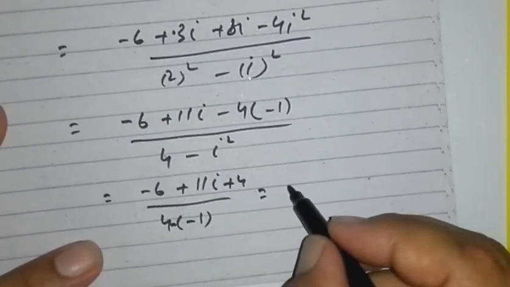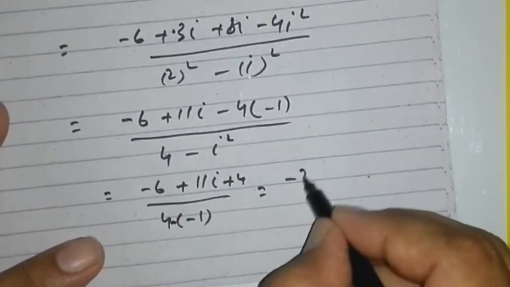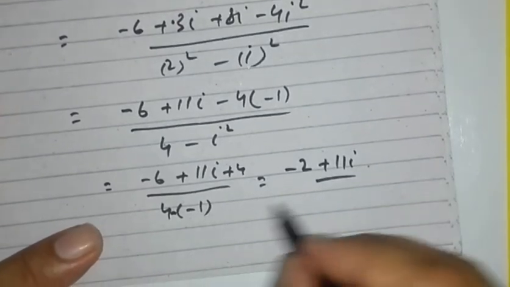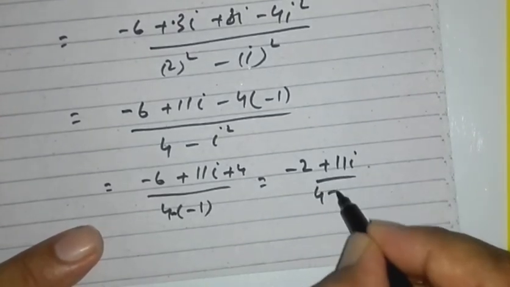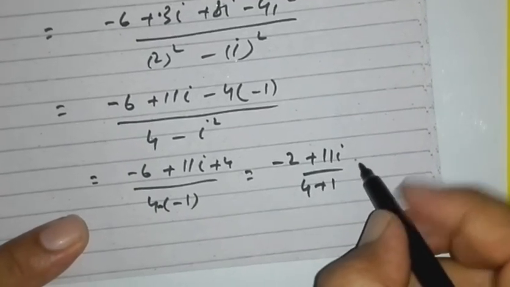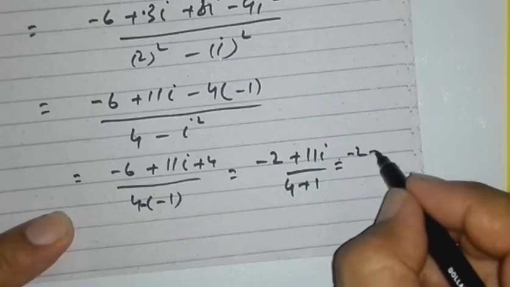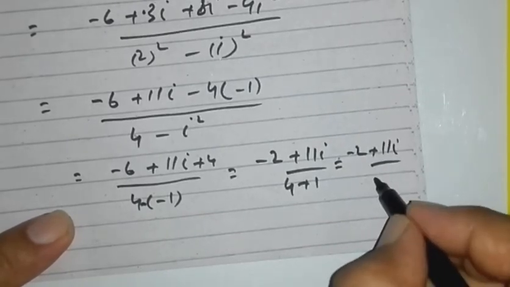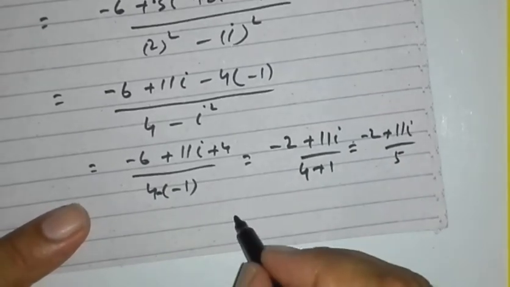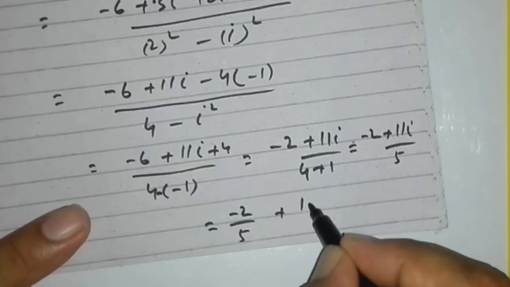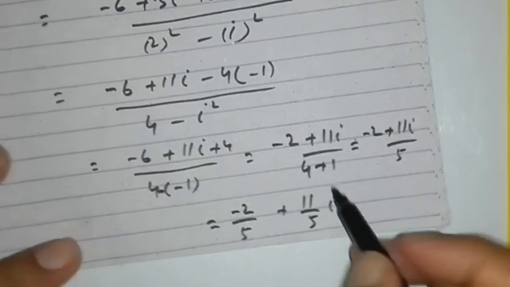So here we get minus 6 plus 4 we get minus 2 plus 11 iota, and here 4 plus 1, so we can write it as minus 2 plus 11 iota divided by 5. Further we can write it as minus 2 by 5 plus 11 by 5 iota.